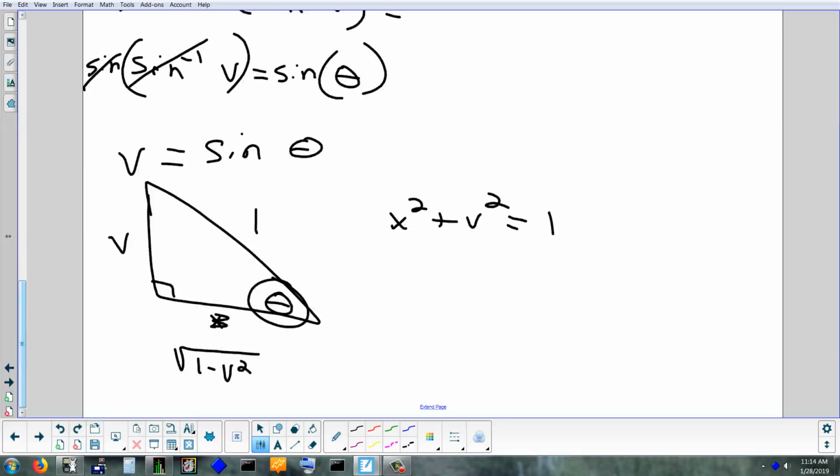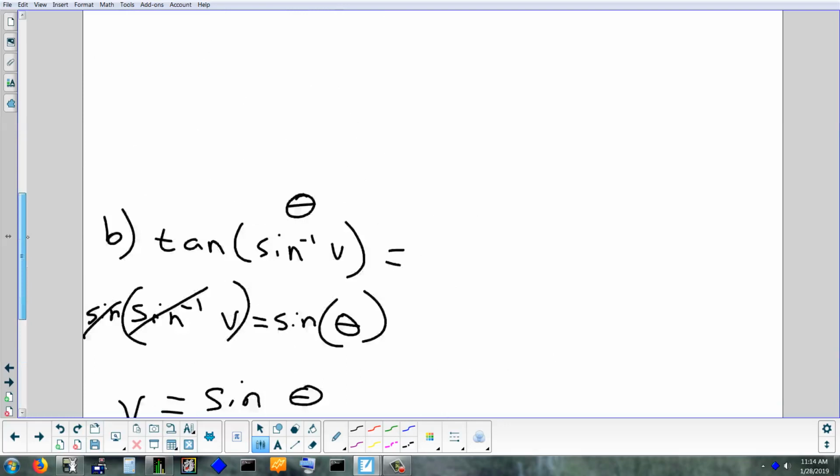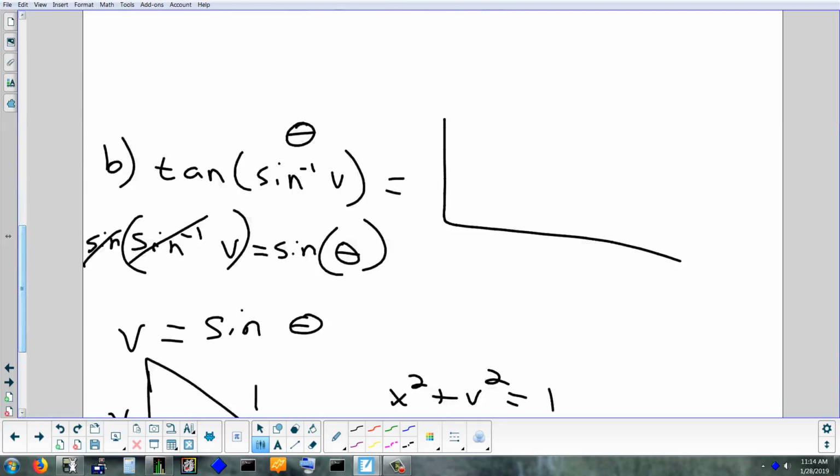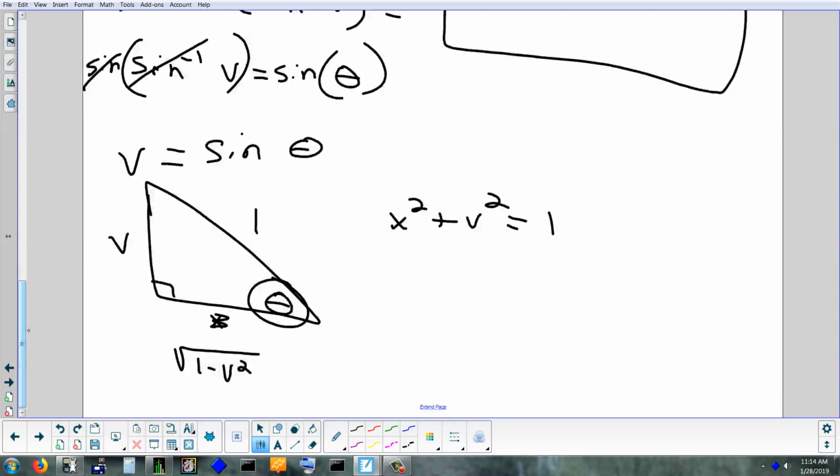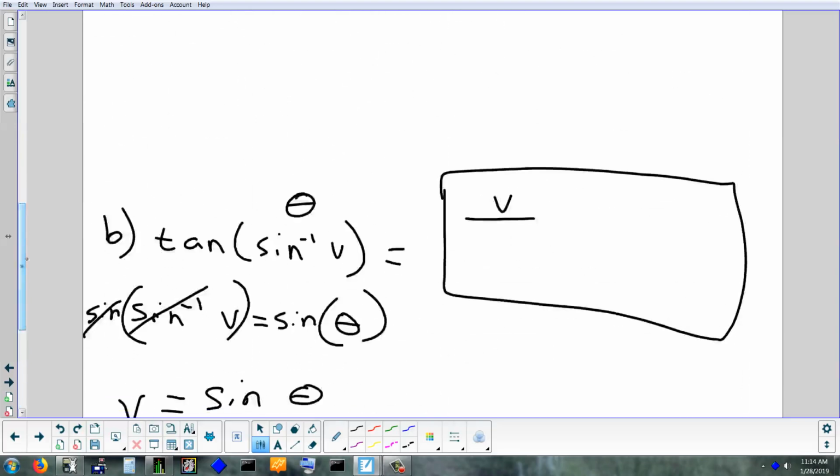The opposite over adjacent. Yep. And what's opposite here? The v. Yep. So opposite is v over, and what's adjacent? Square root of 1 minus v squared.